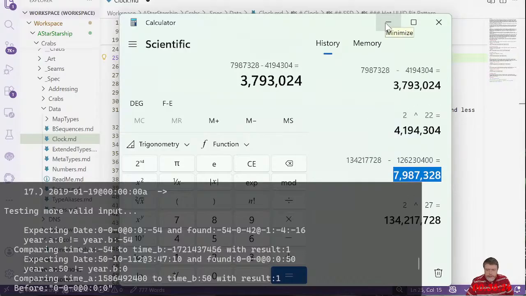So one option is that instead of a sub-second ticker, I could do a day ticker.